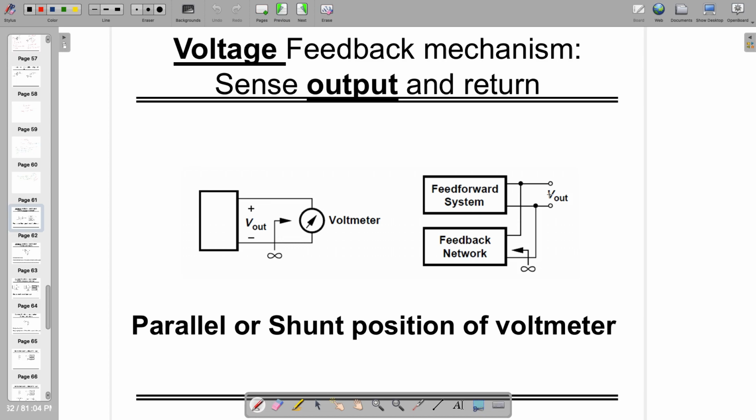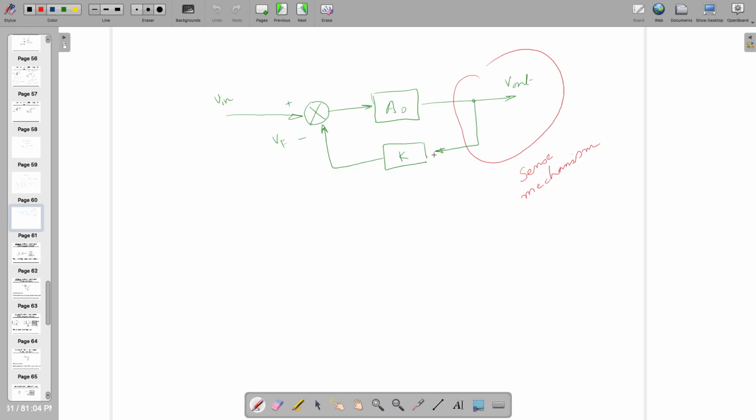In that case, you have to sense the output and feed it to the feedback element. So this is a feedback element, and this one is the feedforward element.